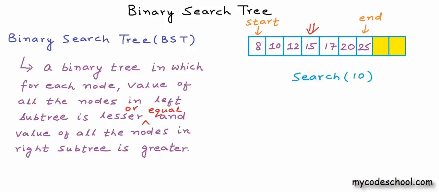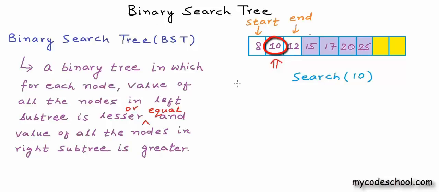And if the element being searched is lesser, we go searching in the left half, else we go searching in the right half. In case of equality, we have found the element. In this case 10 is lesser than 15, so we will go searching towards left. Our search space is reduced now to half. Once again we will compare to the mid element and bingo, this time we have got a match.